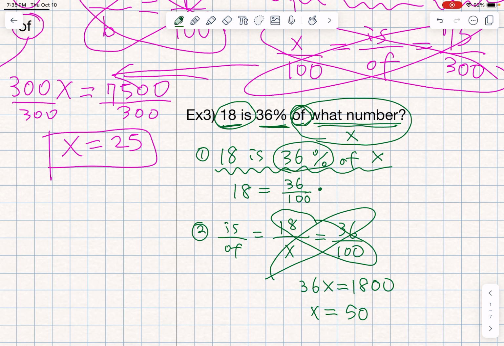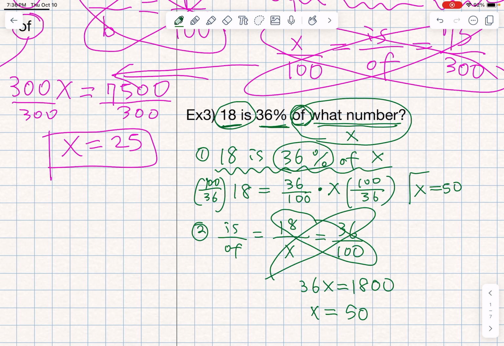Of means multiply by x. So you can do multiply by reciprocal, which is a 100 over 36 on both. 100 over 36, then 100 divided by 36 times 18 will be still you get the x value as 50.